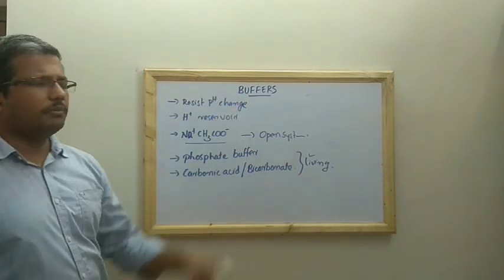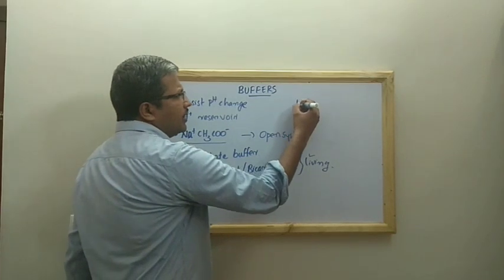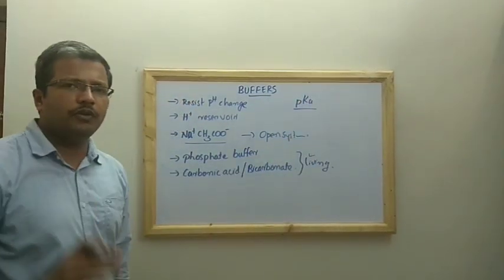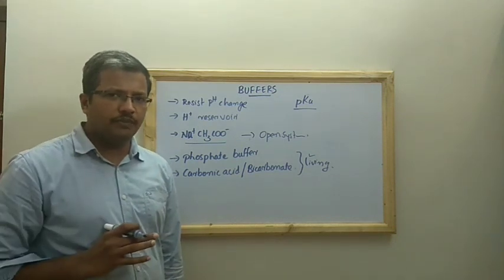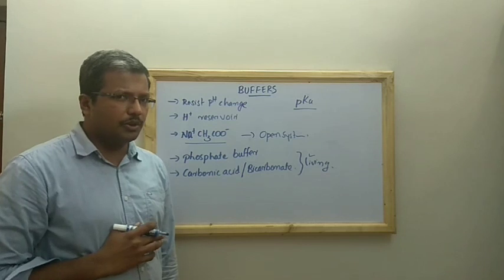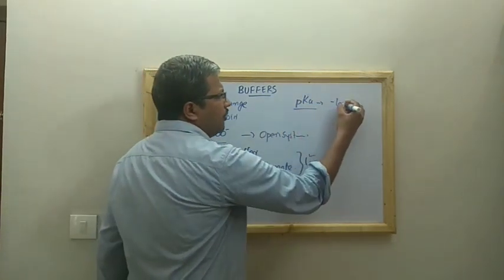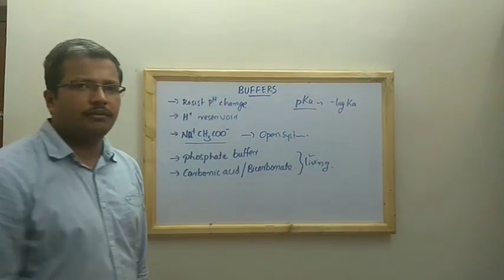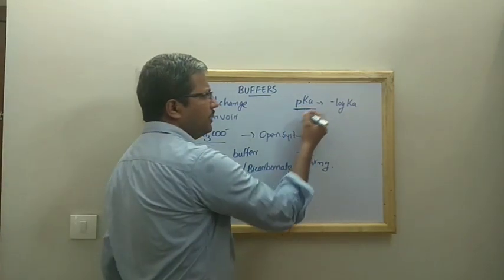Now, in the case of buffer action, a buffer will act close to its pKa value. This pKa value we will discuss in detail when we discuss the Henderson-Hasselbalch equation, towards the end of this unit. pKa is nothing but the negative logarithm of the acid dissociation constant, minus log Ka. That is what we mean by pKa.